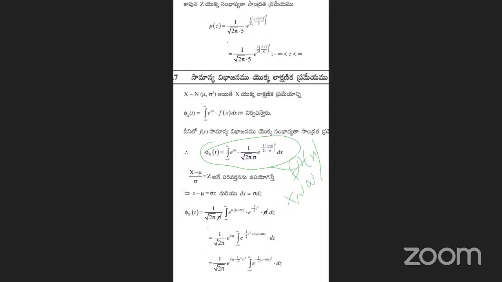We know this. So you insert it here, you will get e to the power of itx into the density. By the transformation, you take (x minus mu) by sigma equal to z, where x equals mu plus sigma z, differentiate and apply the properties. Then you will get e to the power of i mu t minus t square sigma square by 2.